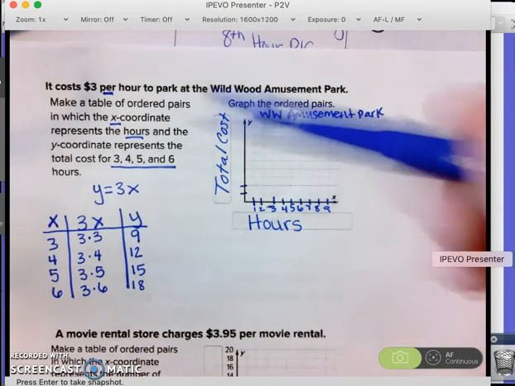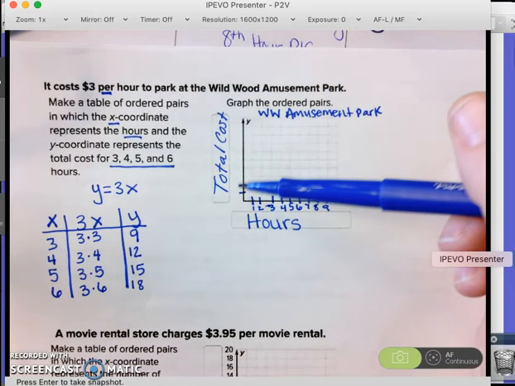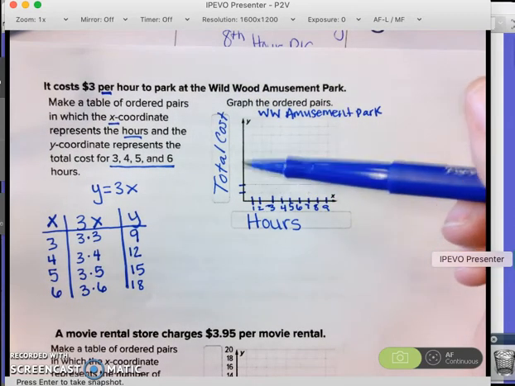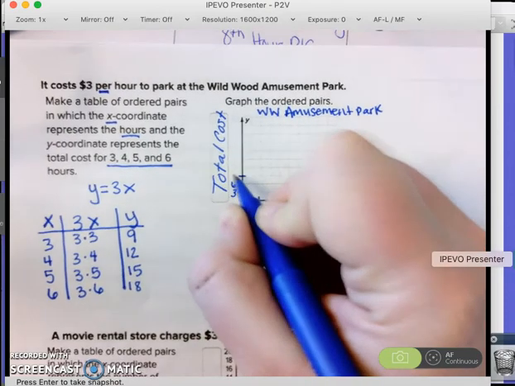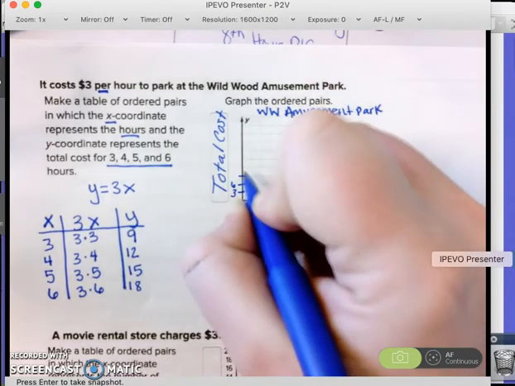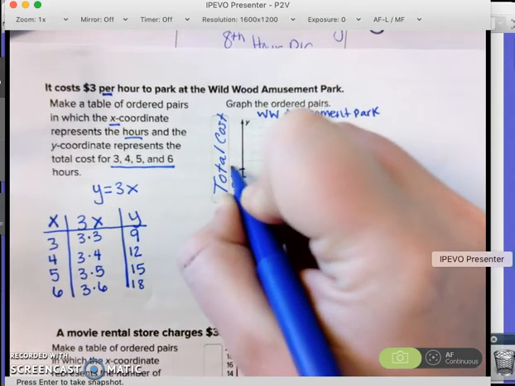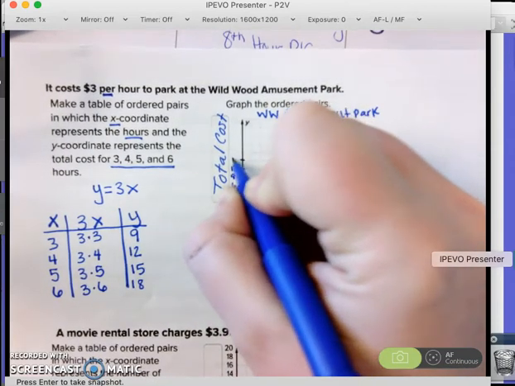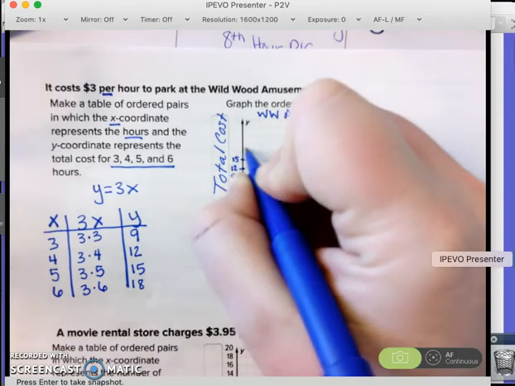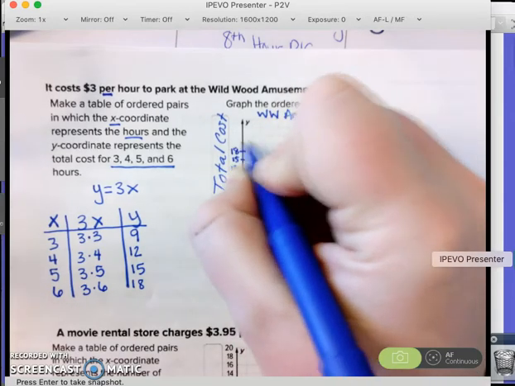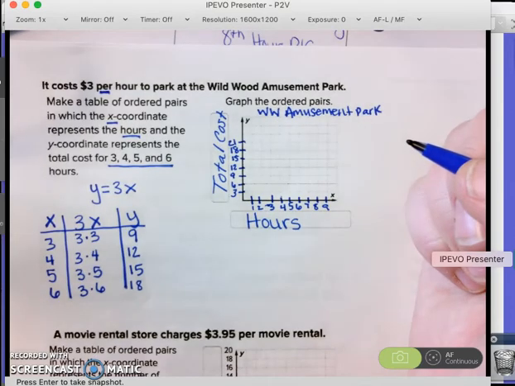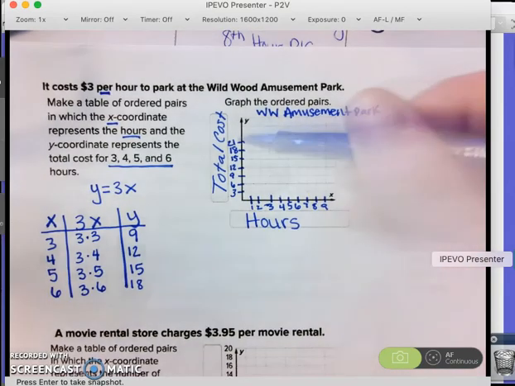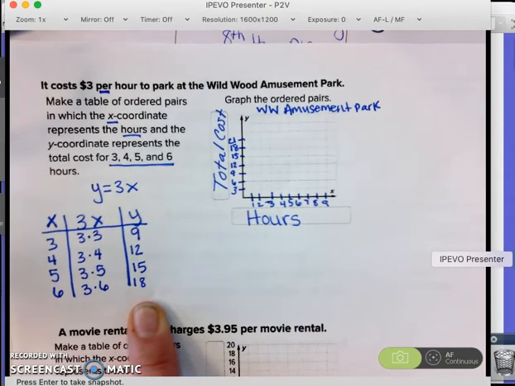And then total cost, we want to label it by threes. So 3, 6, 9, counting up by threes. We want to just make sure that we would get to our top number here of 18.